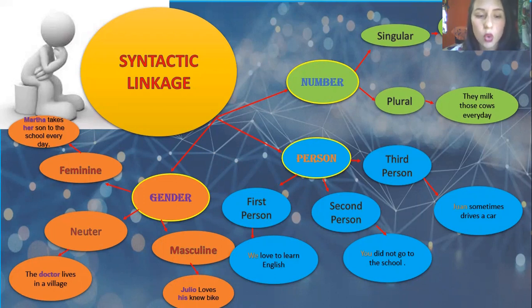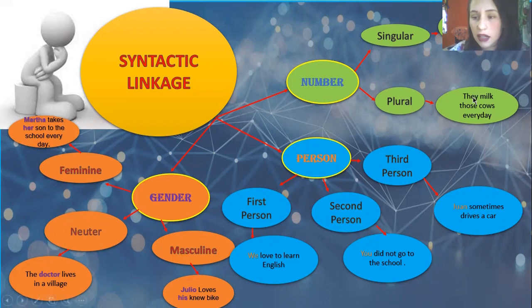And also we have the determinator that, which is singular as well. Finally, we have a noun that has been added an S to transform to plural. As you know, most nouns are formed to plural by adding S or ES.